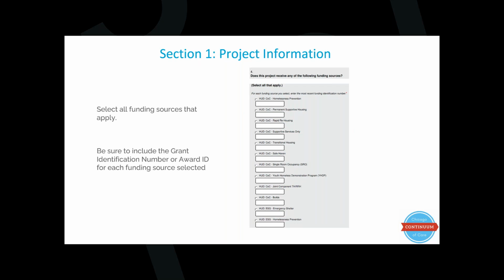Again, the operating start date is not the date that you started entering clients into HMIS, but the date that the project started operating and serving clients in general. So if you had to wait a couple of weeks before your HMIS ID number became available, you're not going to include that gap in your operational date. You're still going to reflect the date that you started serving clients.